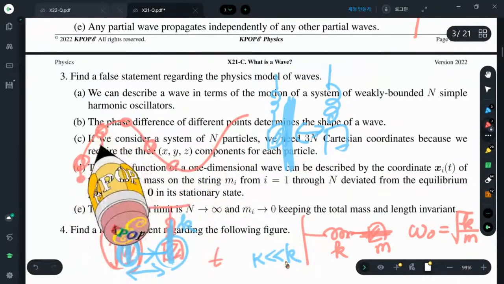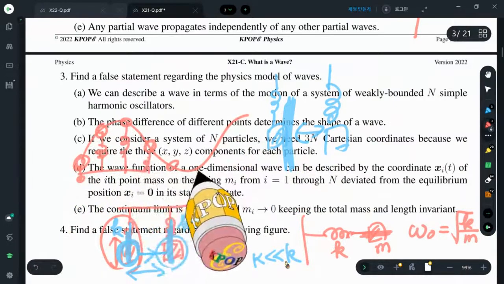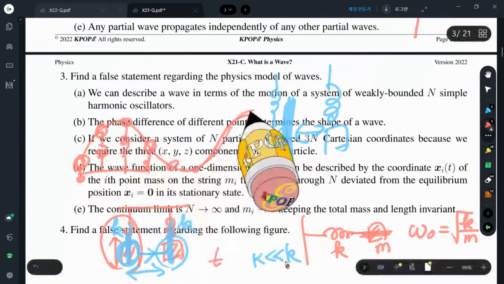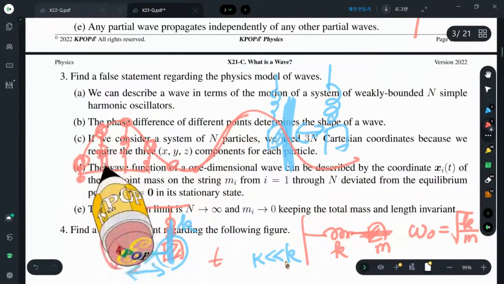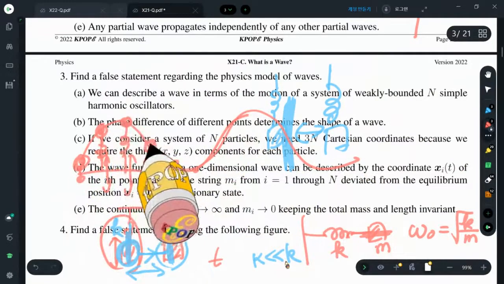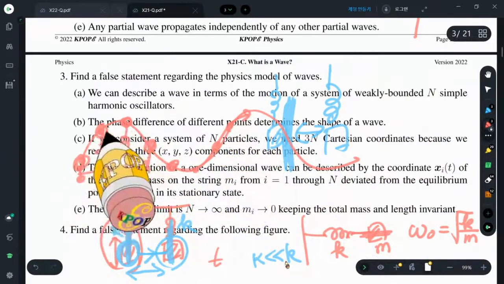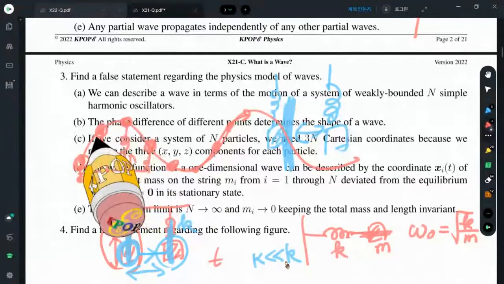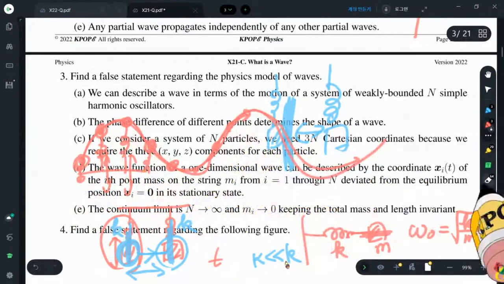There is a spring, something like that. They oscillate. Actually, each of them oscillates up and down, and you can see the phase difference of nearest neighbors. This phase difference will give the shape of the wave.